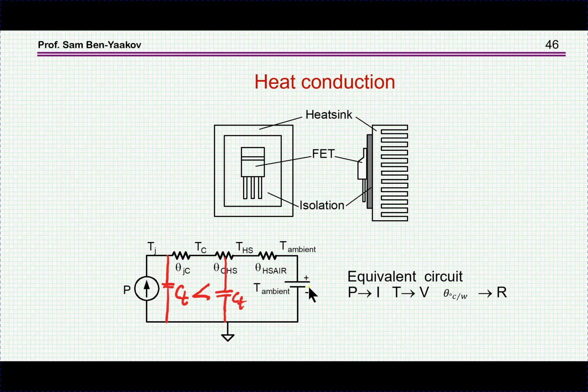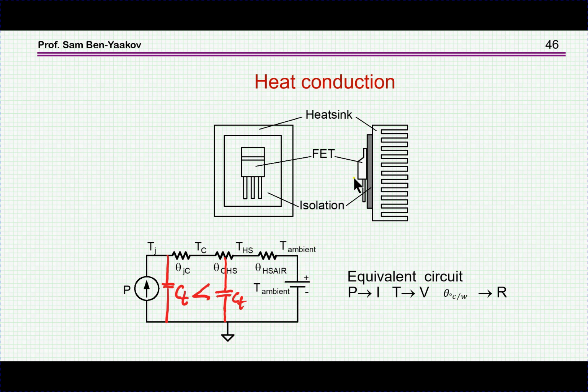In this equivalent circuit, the emulation is done by representing thermal power by current, temperature by voltage, and thermal resistance by resistors. So this represents the ambient temperature. This is the temperature of the ambient. It's a fixed temperature. This is the thermal resistance between the heatsink and the ambient.